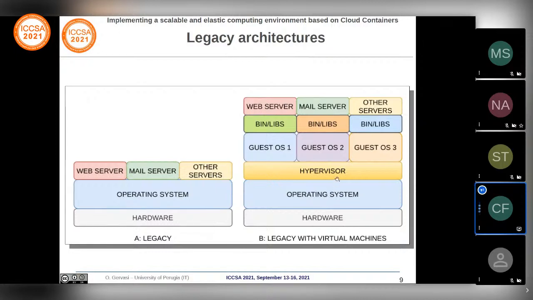However, usually we have a hypervisor that implements the virtual environment. And on top of the hypervisor, we have several virtual machines that can run different services, different software at the same time, optimizing, of course, the usage of the hardware, because you can run several virtual machines contemporarily, so you can deploy several services from the same machine.